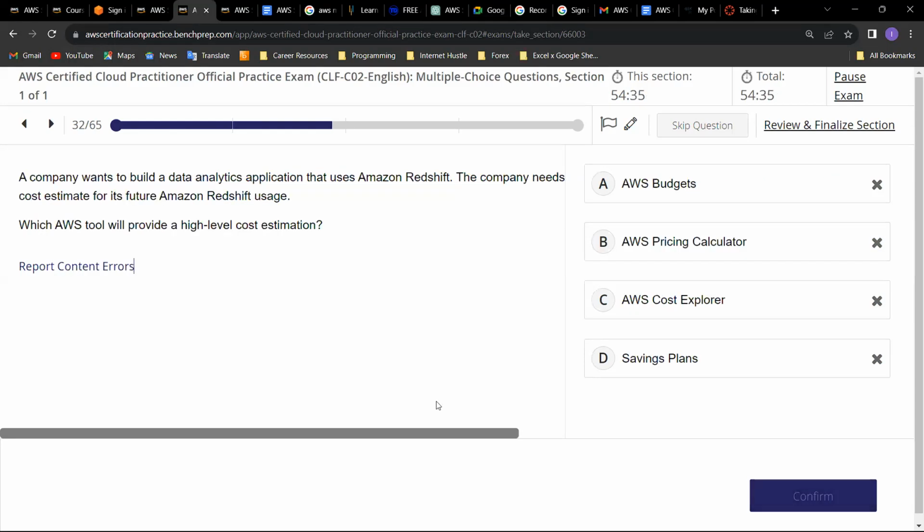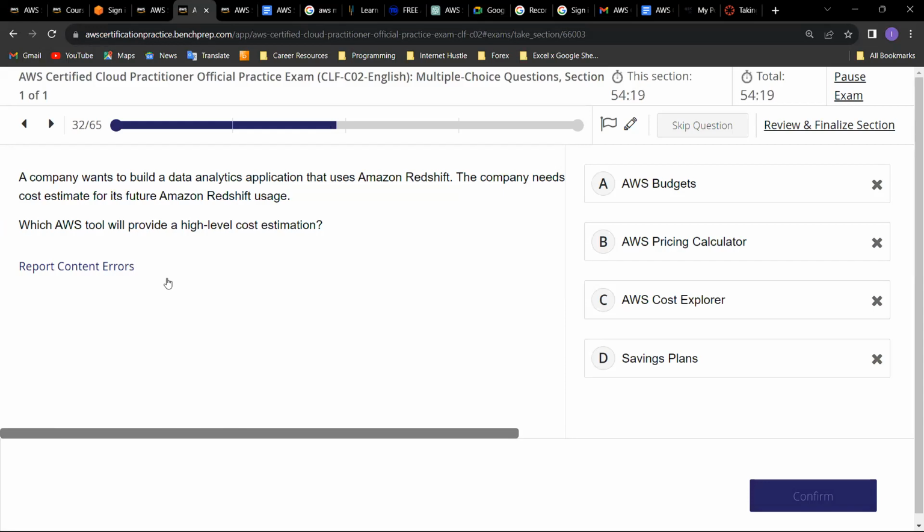Okay, nice. A company wants to build a data analytics application that uses Amazon Redshift. The company needs cost estimates for its future Amazon Redshift usage.